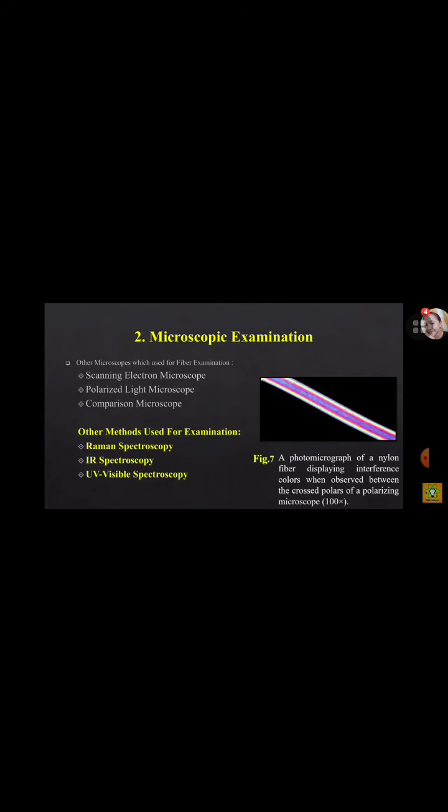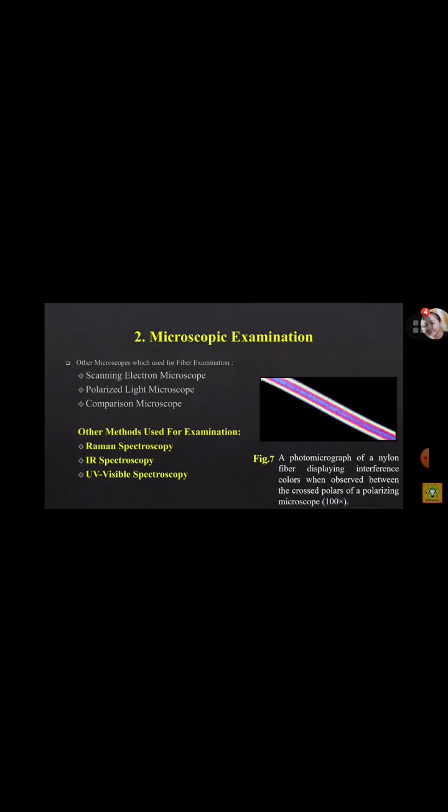Other microscopes which are used for fiber examination are the scanning electron microscope, polarized light microscope and comparison microscope. Other methods used for examination are Raman spectroscopy, IR spectroscopy and UV visible spectroscopy.